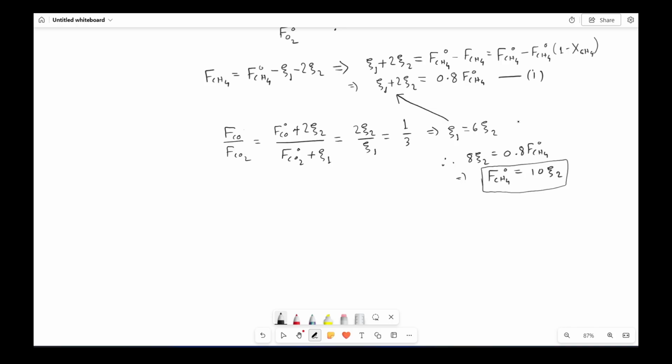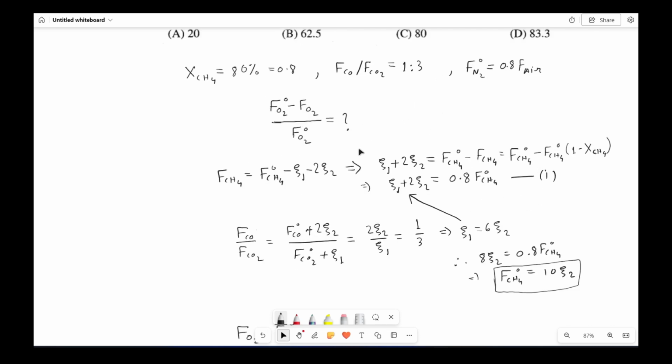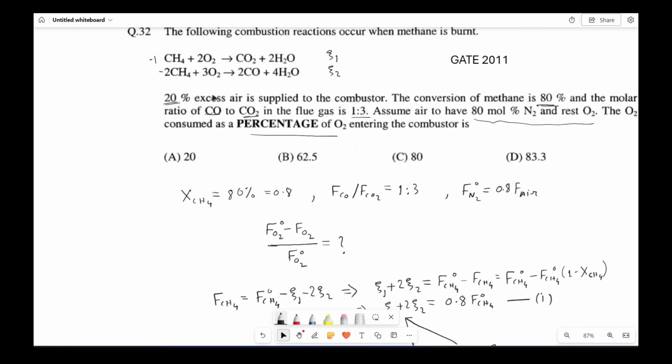Now we will do the balance for oxygen. For oxygen, FO2 is equal to FO2 naught. Now where is oxygen present? Oxygen is present in the first reaction as 2 zeta 1 and in the second as 3 zeta 2, which is a negative change.